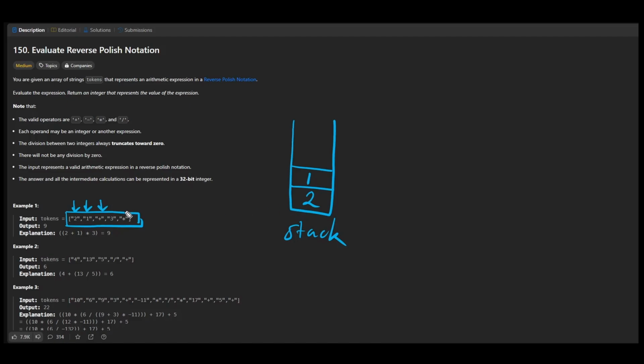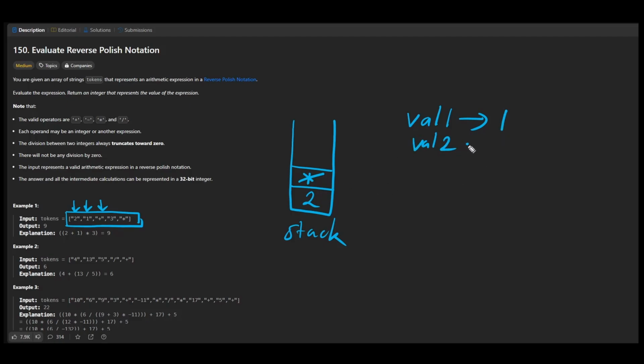Let's go to plus. Every time I have an operation, I'm going to pop two elements out of the stack and perform the operation on them. So my value 1 would be pop 1. This 1 is popped out.